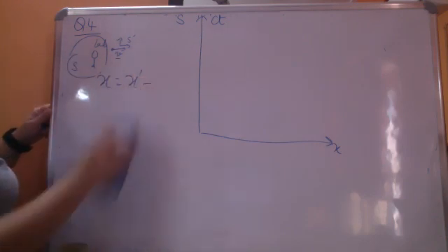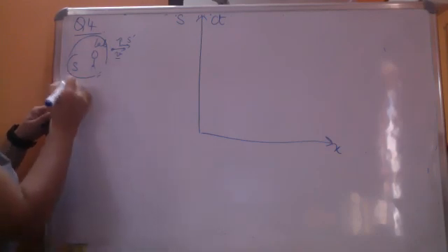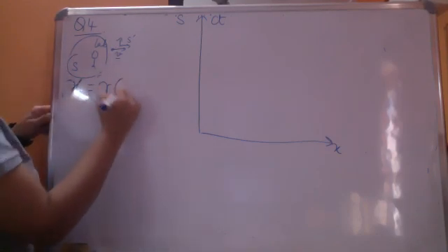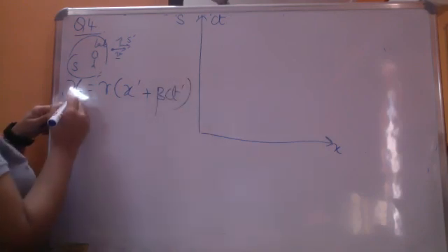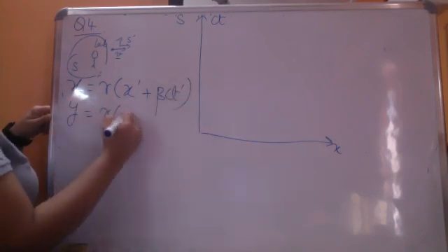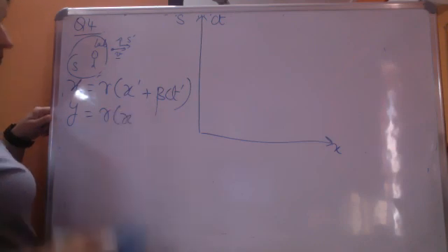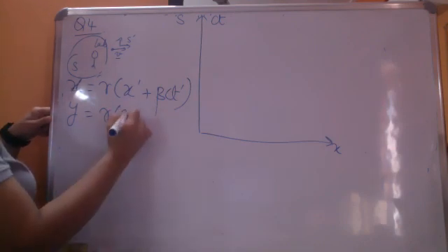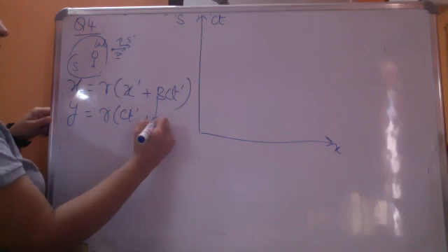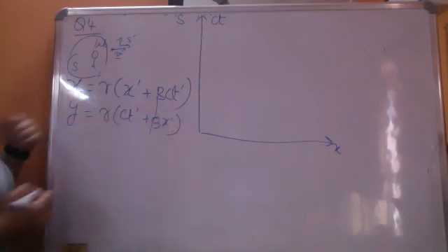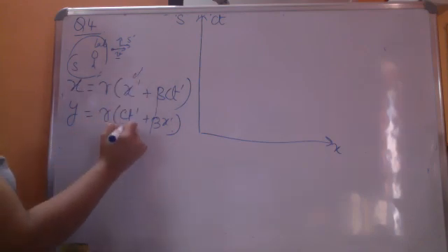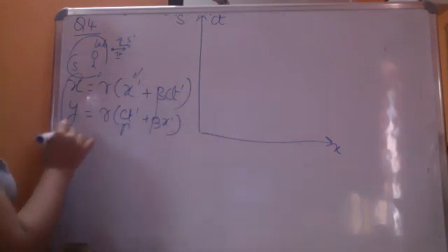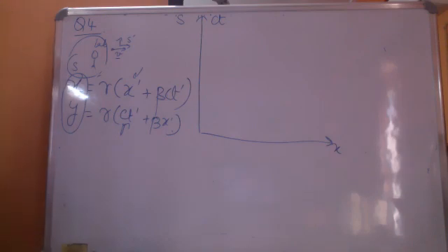So basically, I want to graphically represent these two equations, to draw X prime CT prime on a coordinate system X and CT.